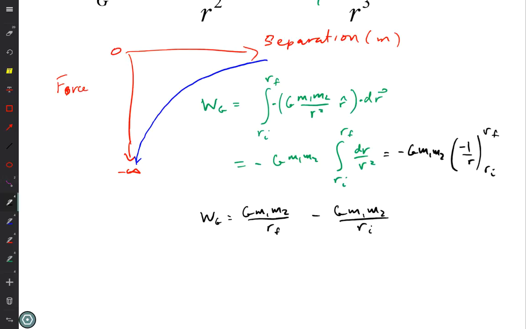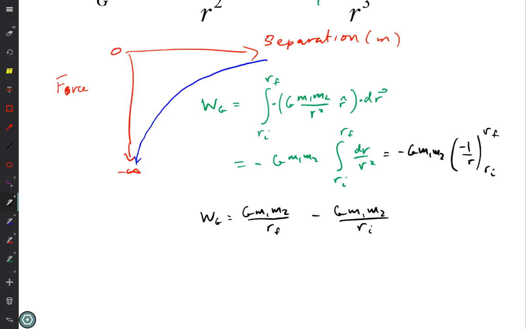Now, if you didn't know calculus, you would tend to think, oh, so we just took 1 over r squared and we multiplied by r and we got 1 over r. Makes sense. But no, we didn't multiply by the distance between the two. We did an integral over the change in motion. Two distinctly different things. And so it's not that simple, but it looks that simple.